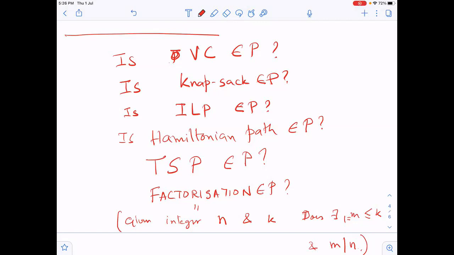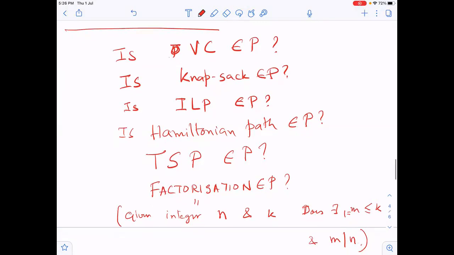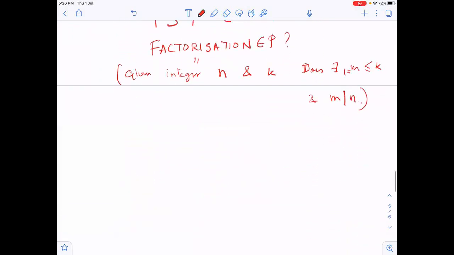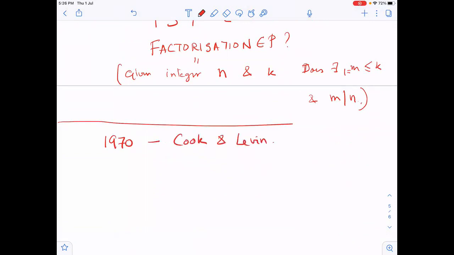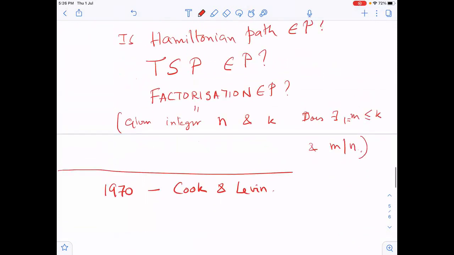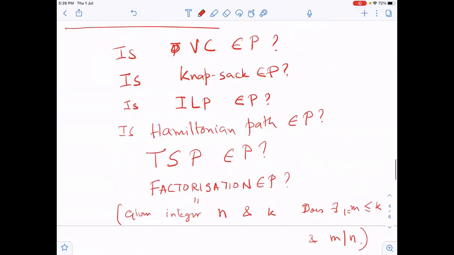So when people were trying to understand this set of problems, this came up in the early years of 1970. Two gentlemen called Cook and Levin, one an American Canadian, the other a Russian, looked at this set of problems.